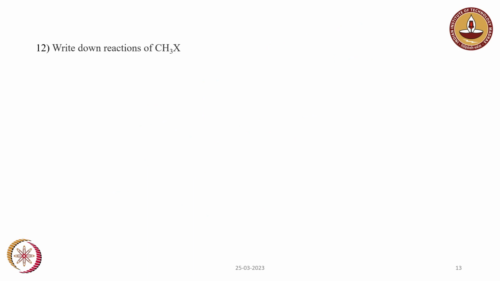Next one is, write down the reactions of CH3X, where X is a halogen. When CH3X reacts with zinc, it will form CH3ZnCl.